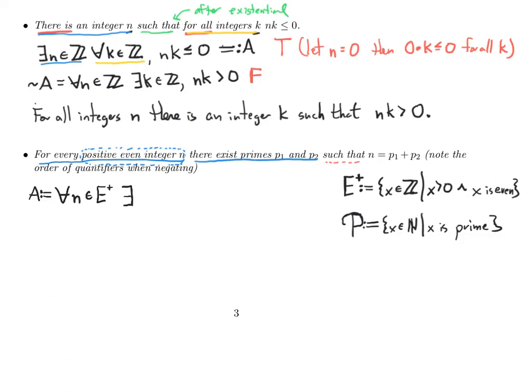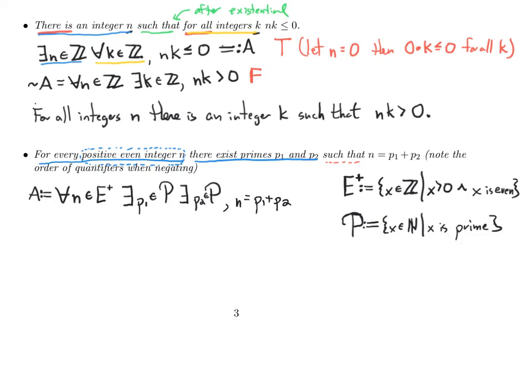So there exists a p1 that is a prime, and there exists a p2 that is prime, such that n is p1 plus p2.